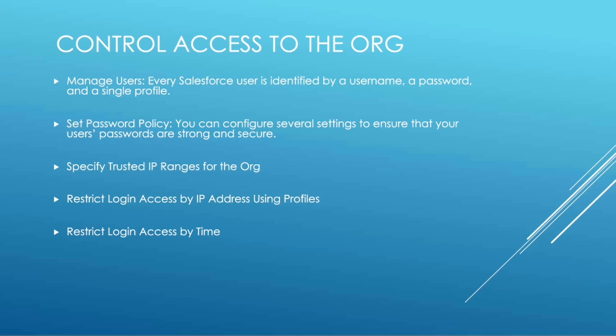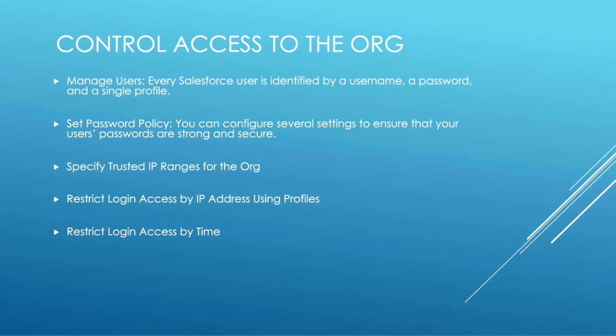The next one is restricting login access by IP address using profiles. Suppose certain users shouldn't be able to log in if they are using an IP address outside of the office. Then, restrict login access by time.